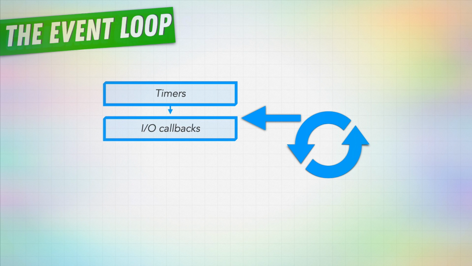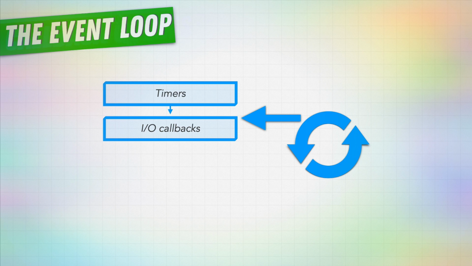We're still in the first iteration of the event loop, or what we call the first tick of the event loop. And we're now dealing with all of our input-output callbacks. This is the majority of all your callbacks in a real-life Node application.